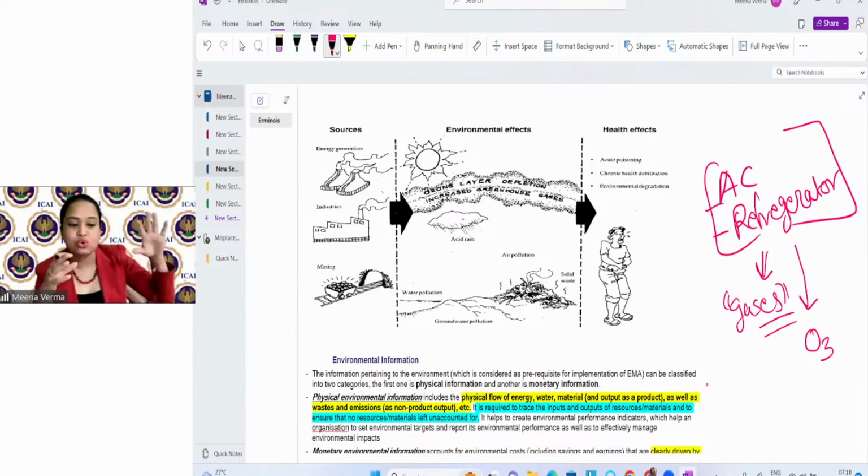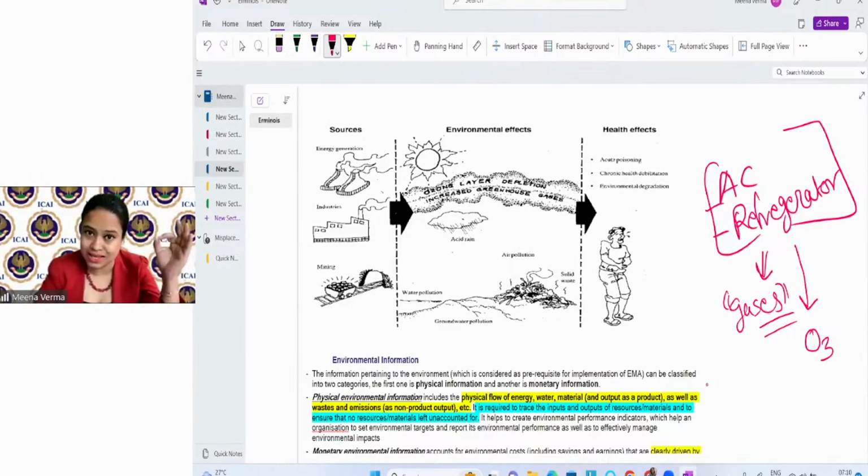So the ozone layer protects our earth from all such harmful rays, right? Those rays may result in cancer-like diseases. So O3 prevents our environment from all such rays emitted by the sun.